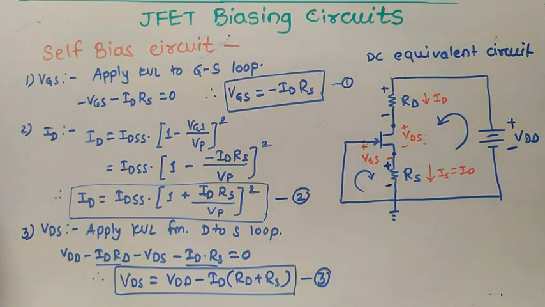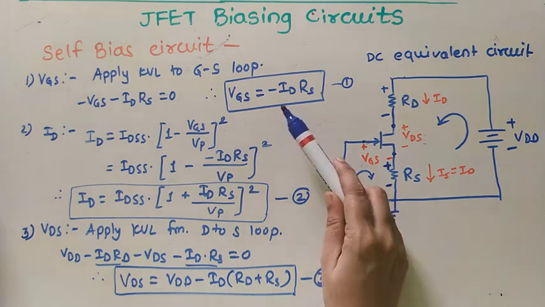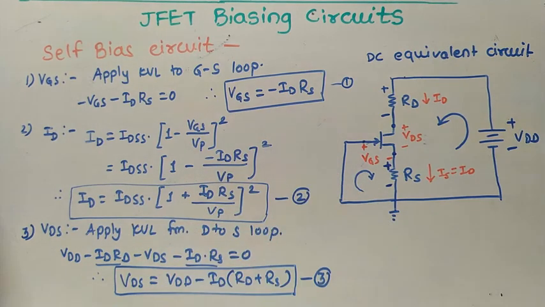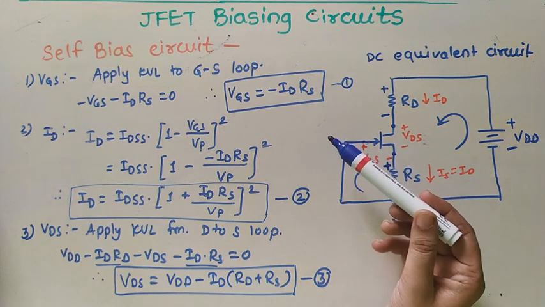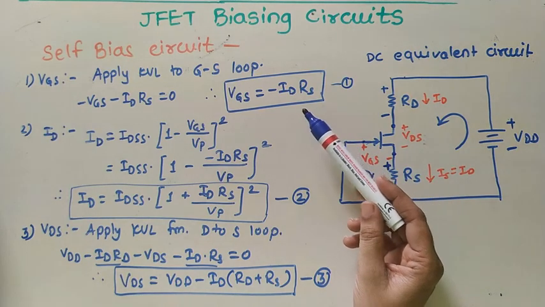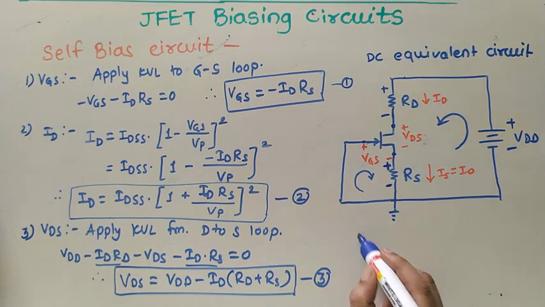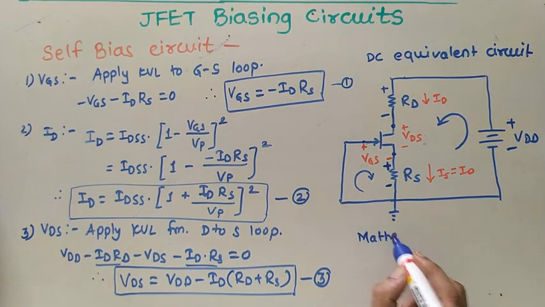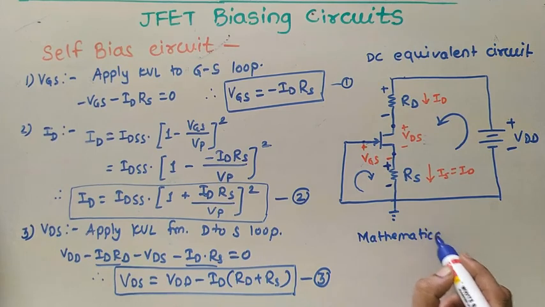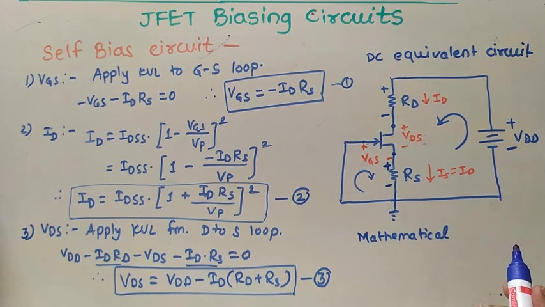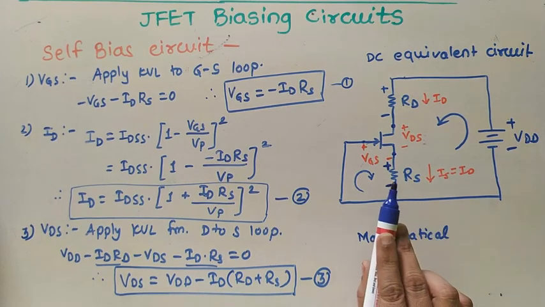So by this way we can identify the VGS, ID and VDS values in DC analysis of self-bias circuit. Here in this DC analysis we have obtained the expressions, so we can call it a mathematical analysis for self-bias circuit.